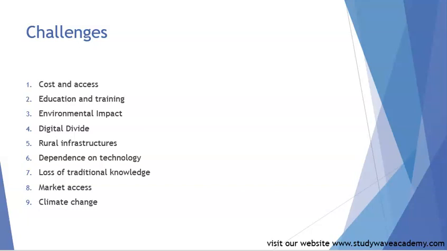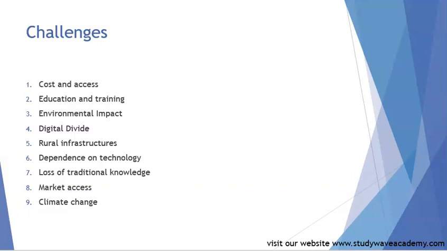So effective supply chains and market access are crucial for successful farming enterprise. Climate change. Climate change poses a significant challenge to agriculture, and technology must continually adapt to shifting weather patterns and conditions.